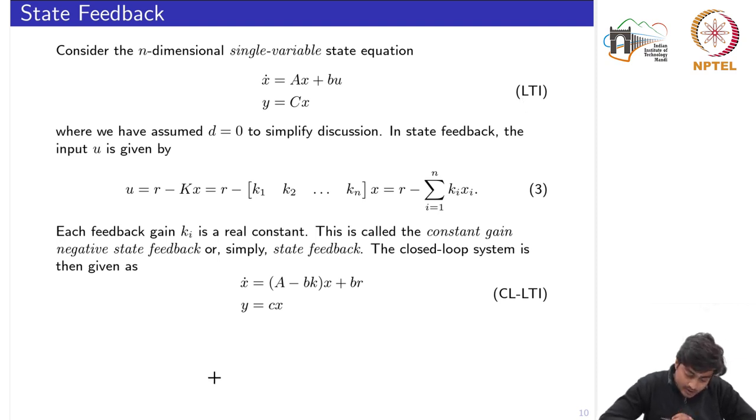There are many important things to pay attention to here: for this plant the input is u and the outputs are x and y, if we have access to the state variable as well. When we substitute this u into this equation, we obtain another state space equation where the A matrix becomes A minus BK, and the input to this plant becomes the reference trajectory r.